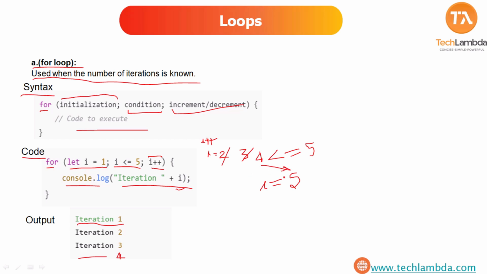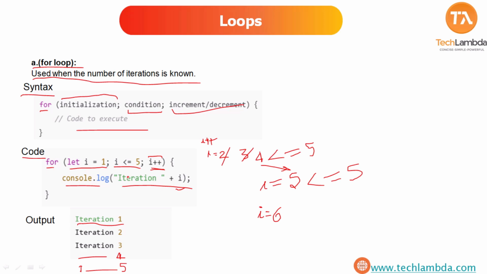Now it checks again: 5 is less than or equal to 5. Yes, it is true, because the condition includes equals to. So again it prints iteration 5. Again according to the increment, i++, the value of i becomes 6, right?